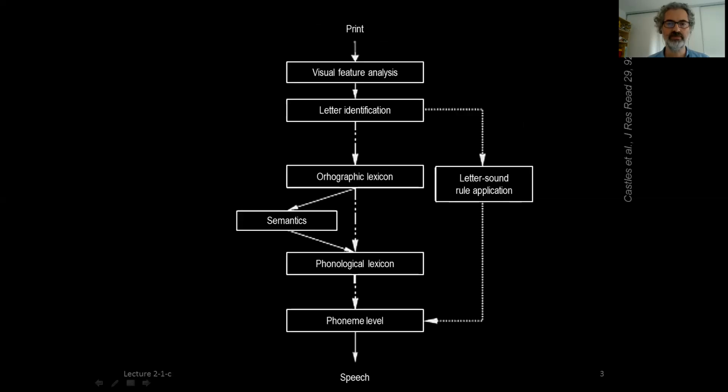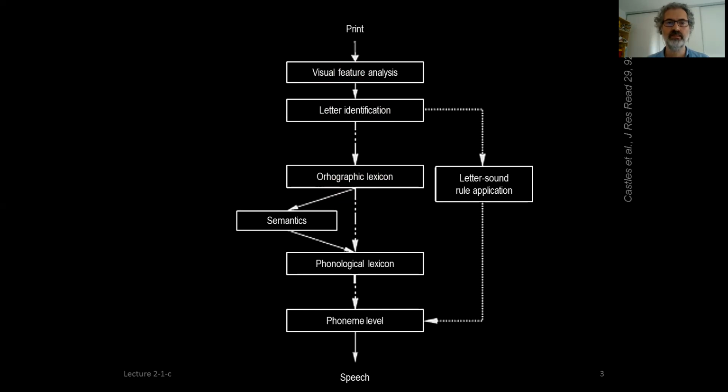And so the dual route model was born, and this is a drawing of the dual route cascaded model, which has survived to this day. The dual route cascaded model includes the interactive activation model as part. So the interactive activation model is here.